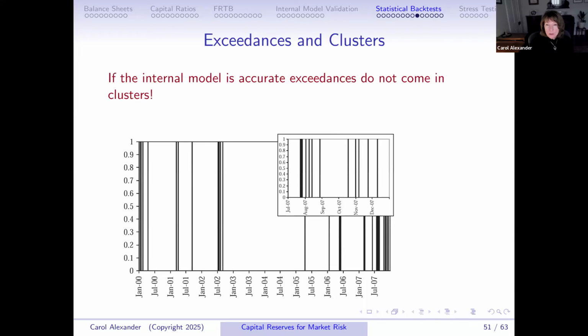So if the internal model is accurate, exceedances are not going to come in clusters. And that's one of the real problems. You see at the end here, you've got a whole wodge of exceedances. It was fine during 2003, 2004. There were no exceedances at all.